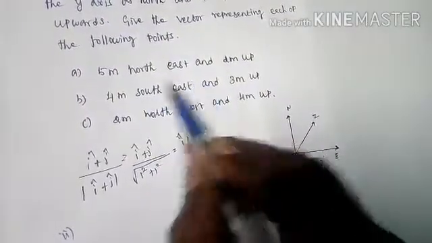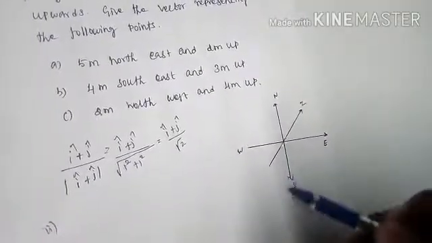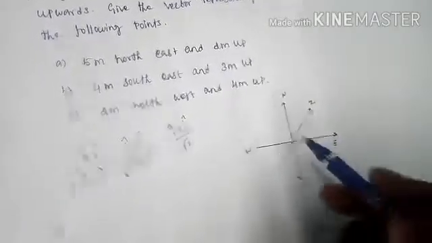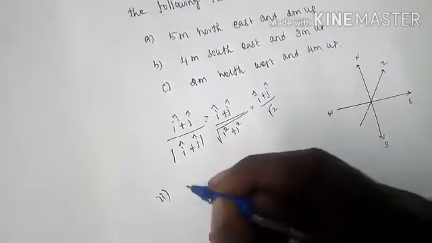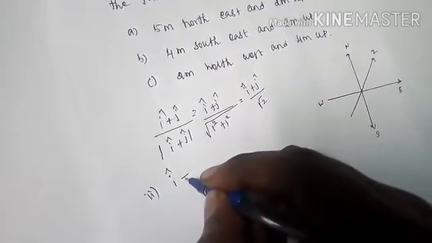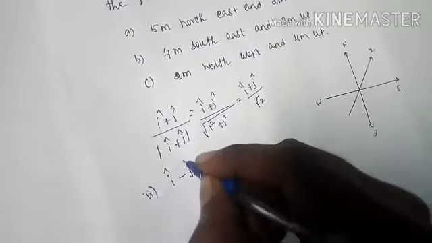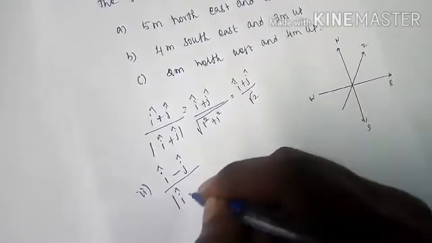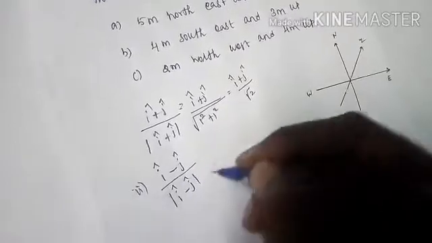Similarly, the unit vector of the southeast direction. South is the negative y-axis, east is the positive x-axis. So the unit vector is i cap minus j cap divided by modulus of i cap minus j cap.